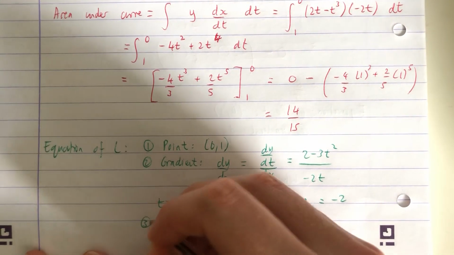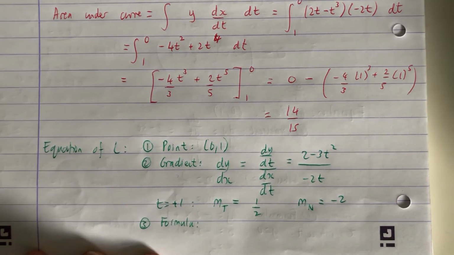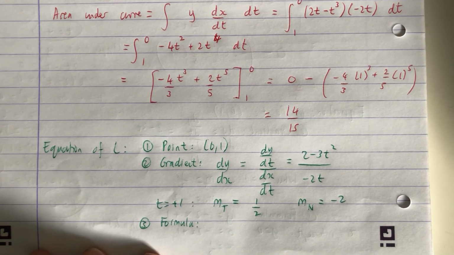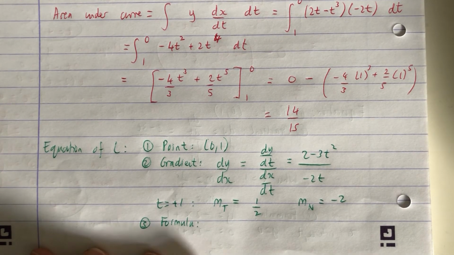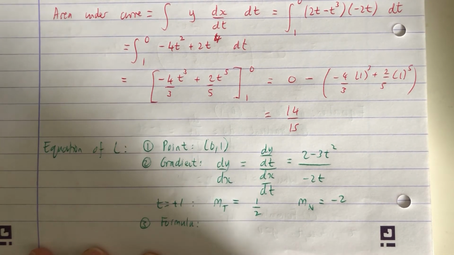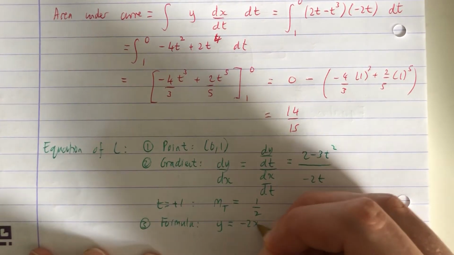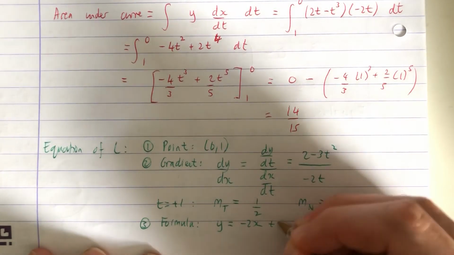And the third and final thing is the formula. And in this case, believe it or not, I'm not going to use y minus y1 equals m brackets x minus x1, because I've been given the y-intercept straight away. I'm going to skip to y is equal to mx plus c. I have y is equal to -2x plus 1.